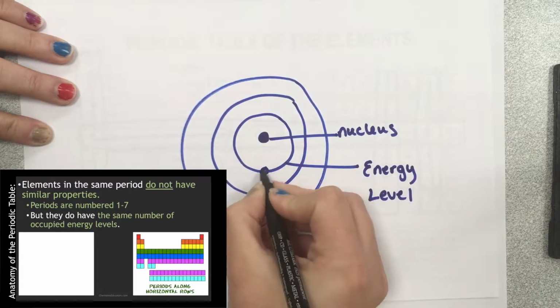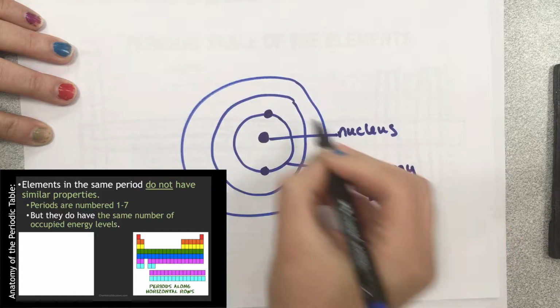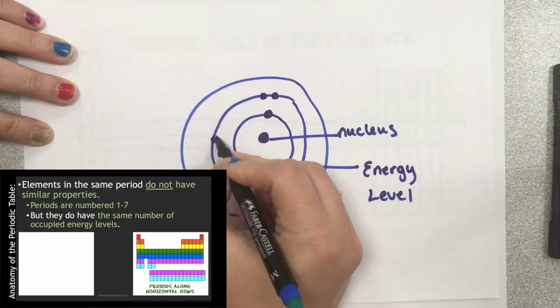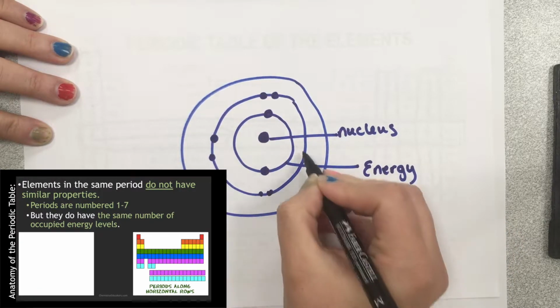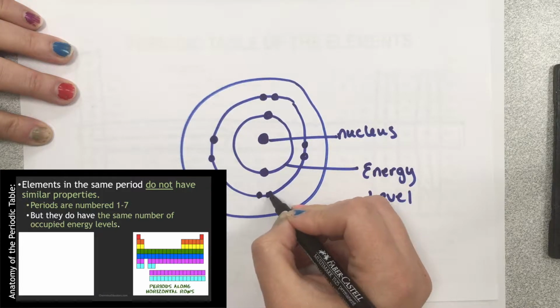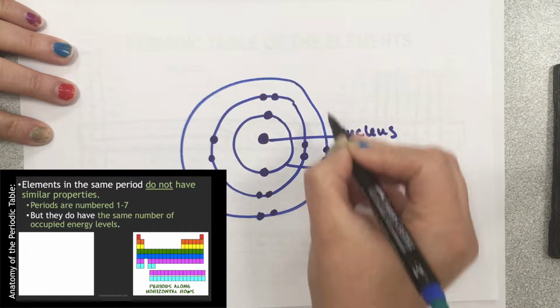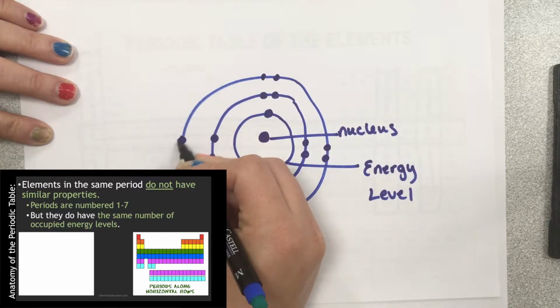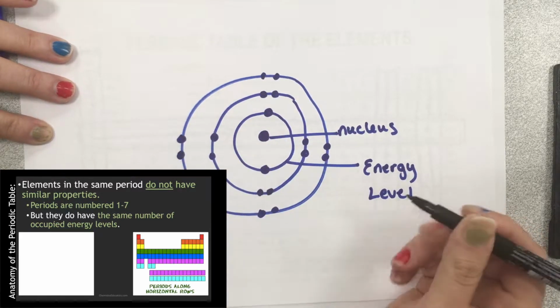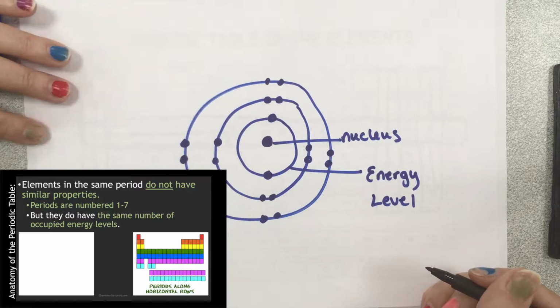Okay, and this is where you'll find electrons. You have 2 electrons in the first one, and then you can have up to 8 in the second one, okay? And then we're going to say 8 in the third one, but in a couple of weeks, you're going to know that that's actually a lie.